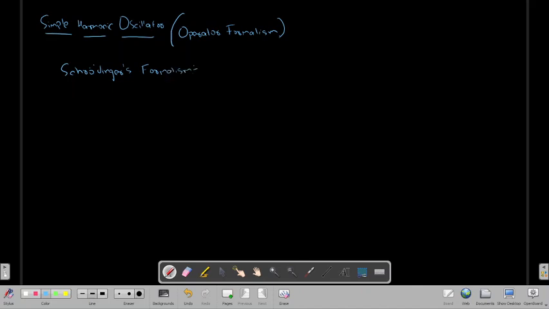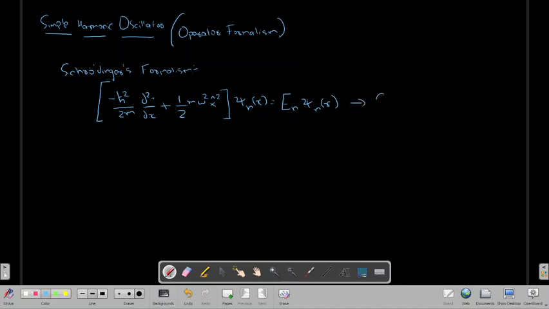In Schrodinger's formalism, we write the Hamiltonian, minus h cut square by 2m, d square by dx square plus half m omega square x square, acting on psi n of x, equal to the energy eigenvalues times psi n of x. This is nothing but the Schrodinger equation, and we are all familiar with it.